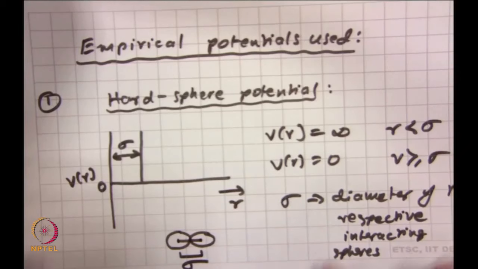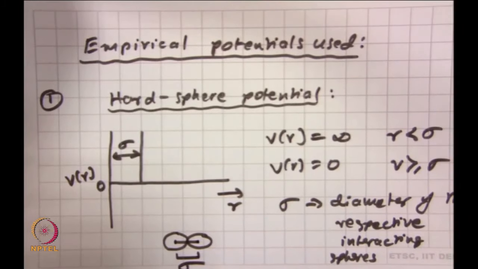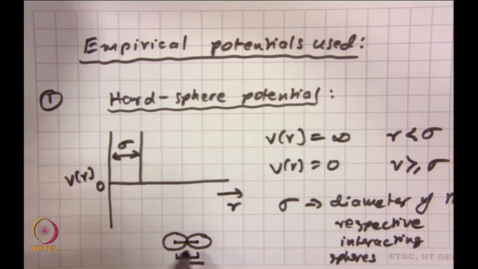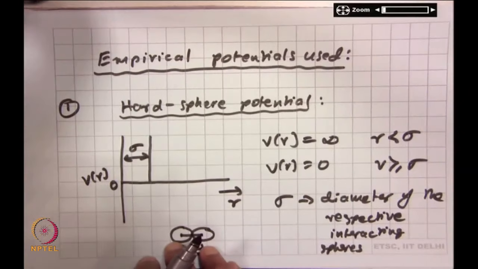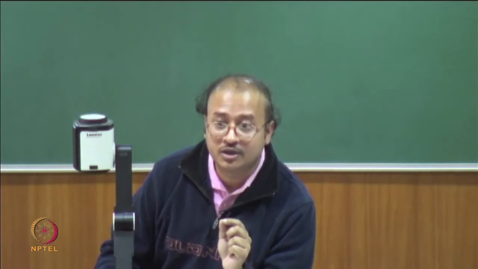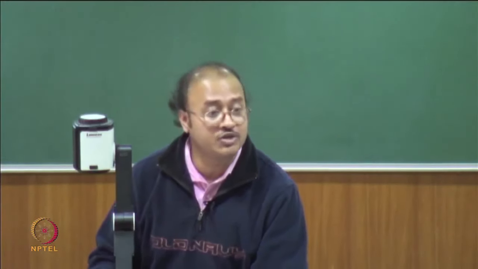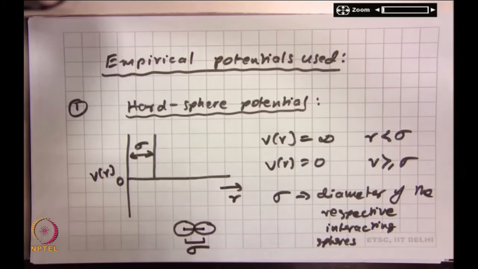Again, what is the significance of hard spheres? Can someone tell me? When these two spheres are colliding with each other, if they are not hard, then this one might induce a deformation in that one, and hence your distance is going to change. But if it is a hard sphere, these two collide with each other and then elastically bounce off at this distance sigma.